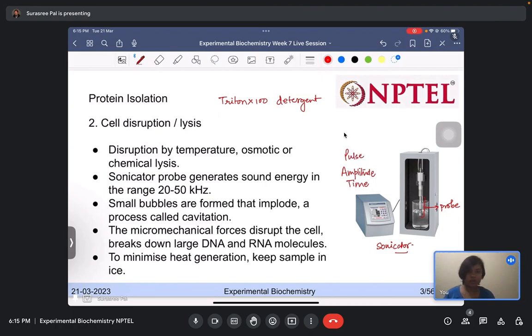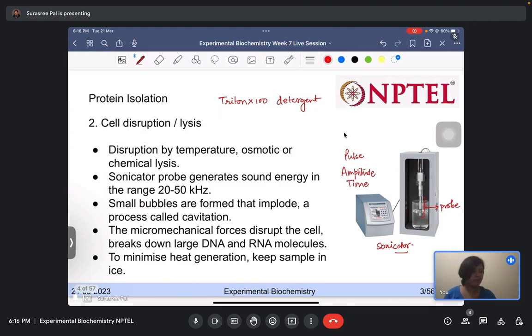Amplitude can be 30%, 40% or 20%. Time is for how long we want the sonication to be performed, and pulse is for how many seconds the sonication will continue.